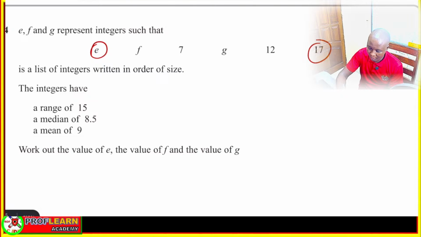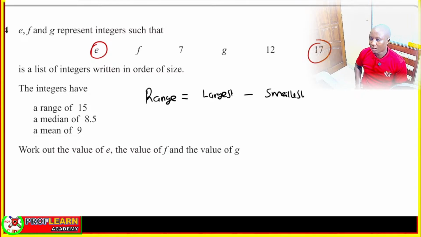So meaning that particular point, we can say range is equals to largest number minus smallest. So that's something that you really need to put in mind, because you may be expected to work out questions to do with range like that.